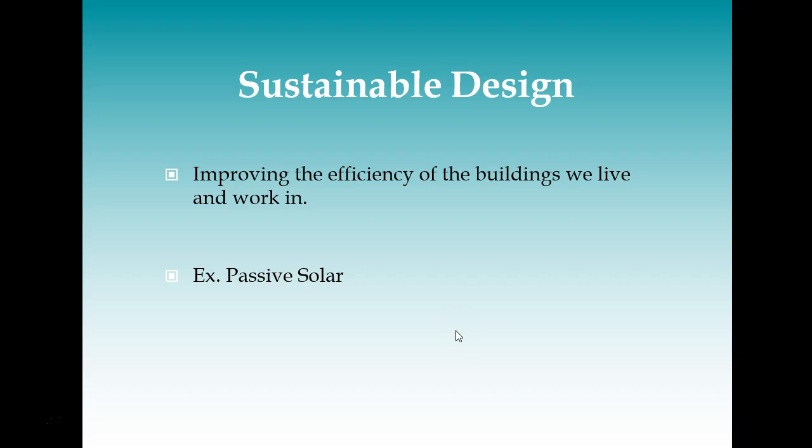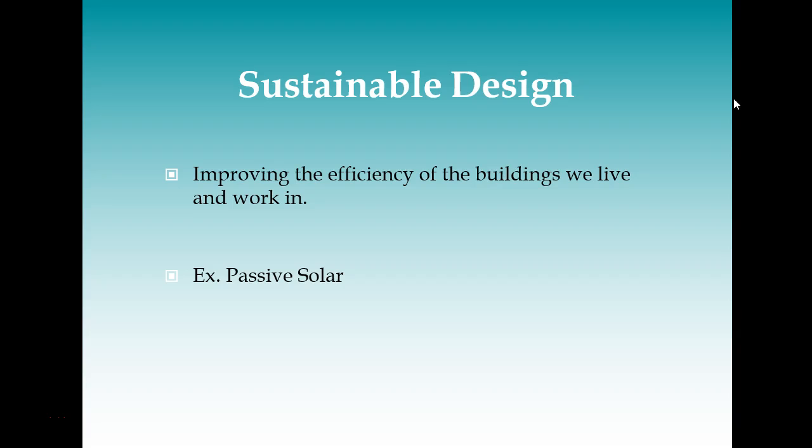The other thing we can do in terms of achieving energy sustainability is sustainable design, basically doing things that can improve the efficiency of the buildings where we spend a large portion of our days, houses, schools, things like that. So the easiest way is what we call passive solar.